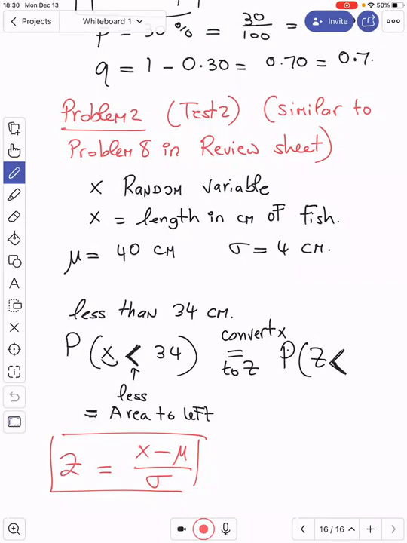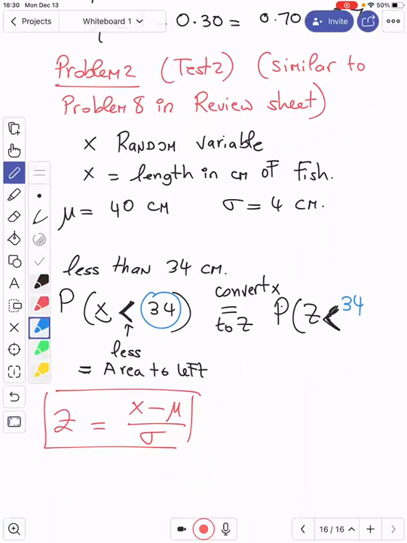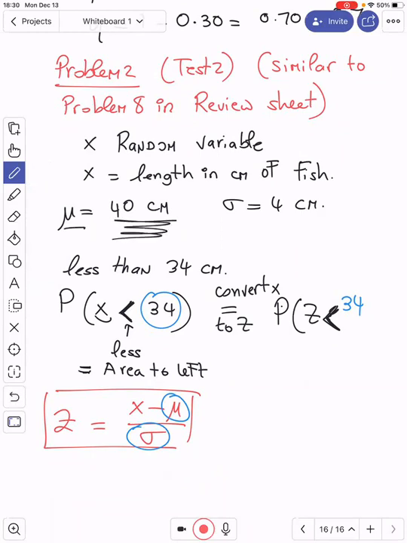But then there's the 34, so I need to convert this 34 to z. To convert to z, we subtract the mean and divide by the standard deviation. The mean mu is 40, so 34 minus 40 over the standard deviation sigma.